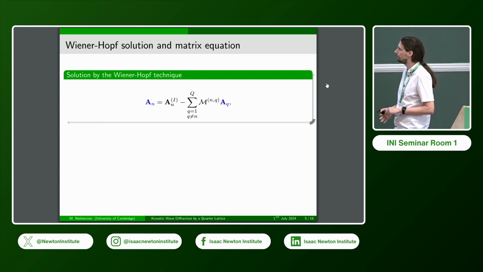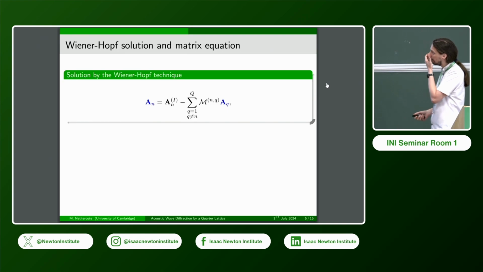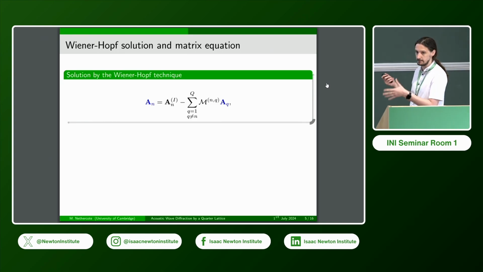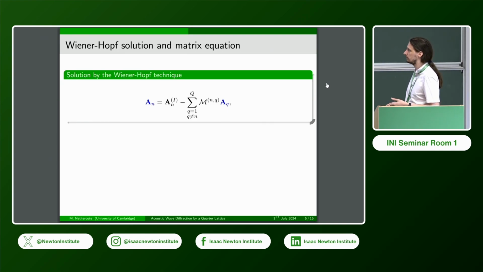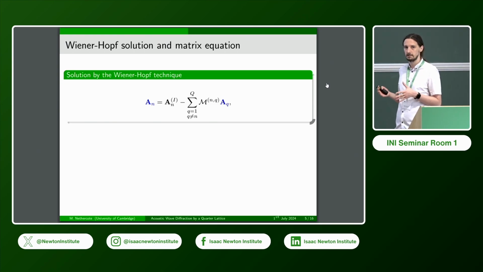infinite matrix equation. So a bit of notation, these bold letters here represent column vectors of scattering coefficients, specifically for the nth row. And you can see that this is an implicit solution, and it's also split into two parts. This first part here is the part of the solution that you get if you were to assume that that row is completely isolated.